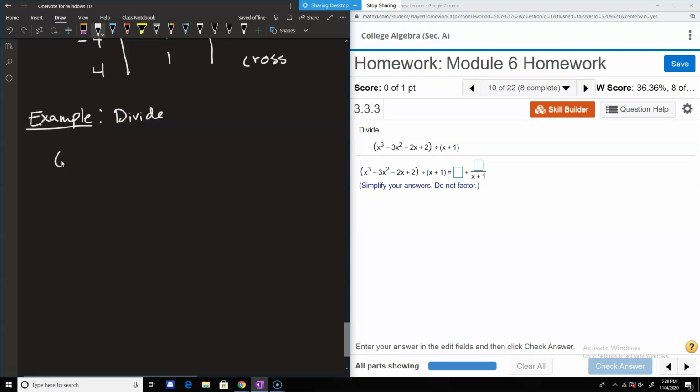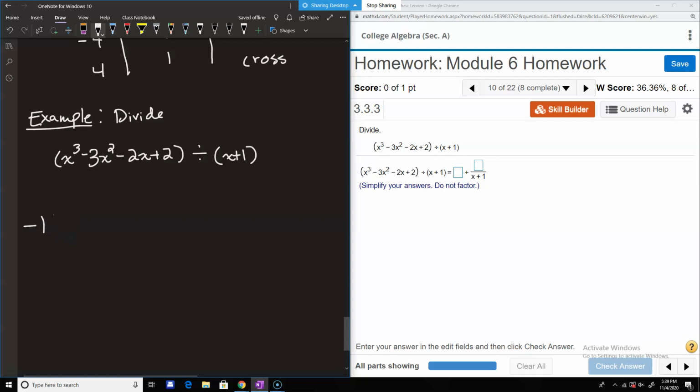Divide x cubed minus 3x squared minus 2x plus 2 by x plus 1. The way I like to do it, for the thing you're dividing by, the x plus 1, you first ask yourself, what is the 0 of that? That's the number that you would plug in for x that would make it 0. In this case, that would be minus 1.